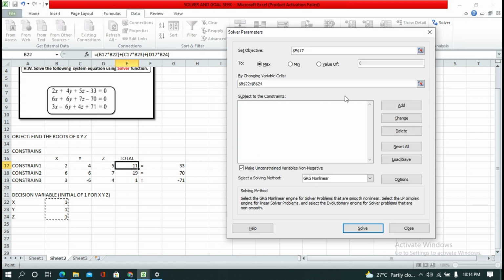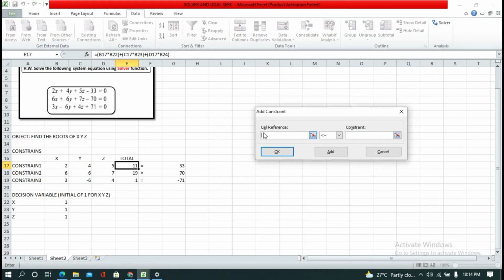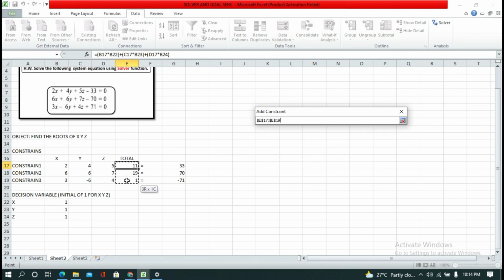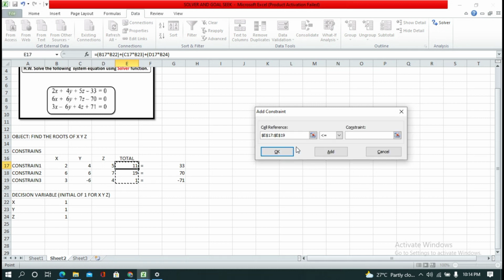Then we need to add the constraints. So add, and our cell reference is the total for each constraint. So we drag this one.